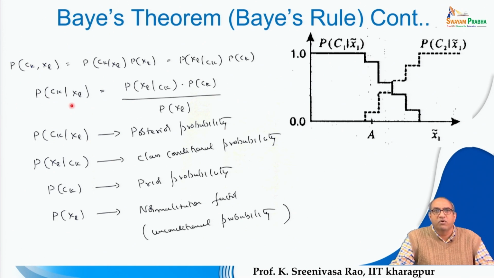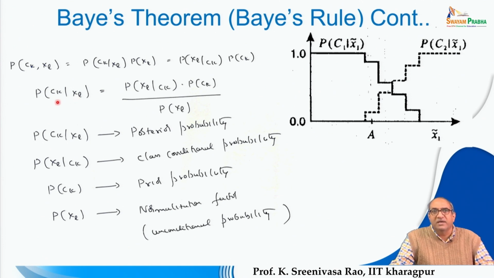You can see the posterior probability equals the class conditional probability multiplied by the prior probability and divided by the unconditional probability. As I mentioned, this unconditional probability has no impact on the estimation of the posterior probability.